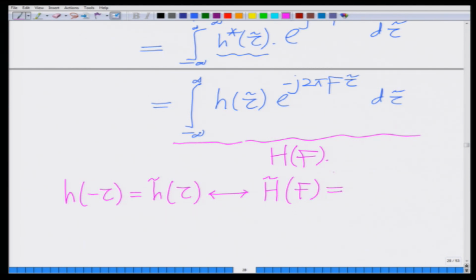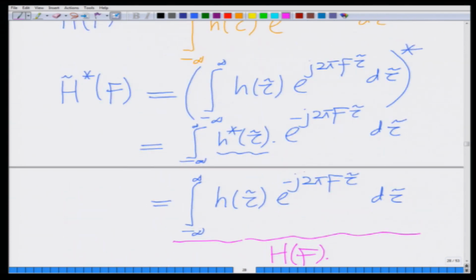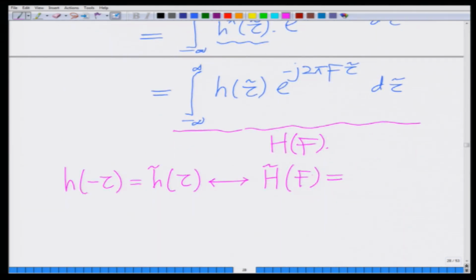Remember we have shown here that h tilde conjugate of f is equal to h of f, which means h tilde of f is h conjugate of f. Therefore, we have h tilde tau, its Fourier transform is basically h conjugate of f.